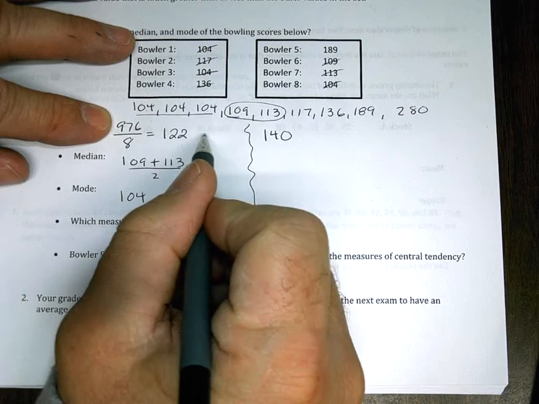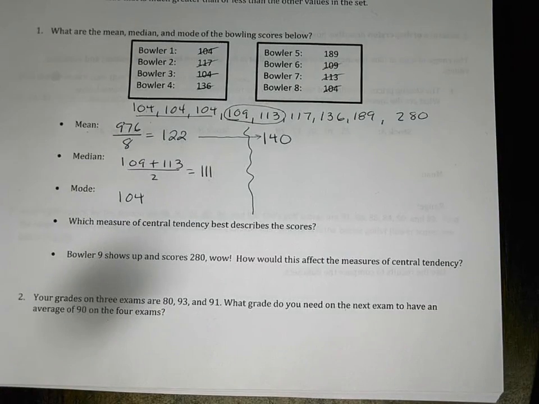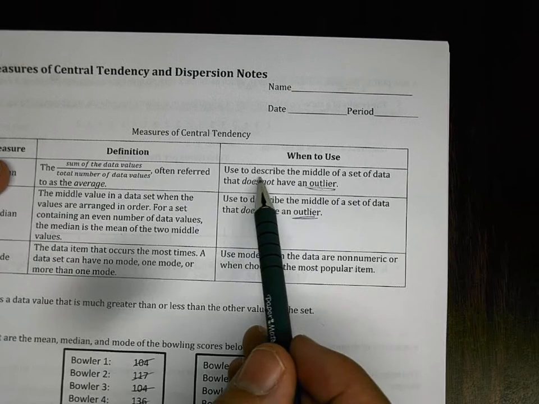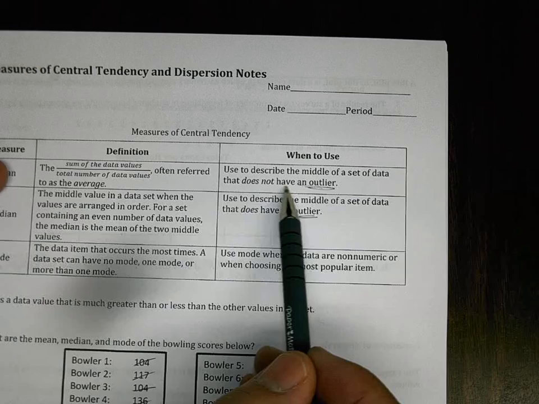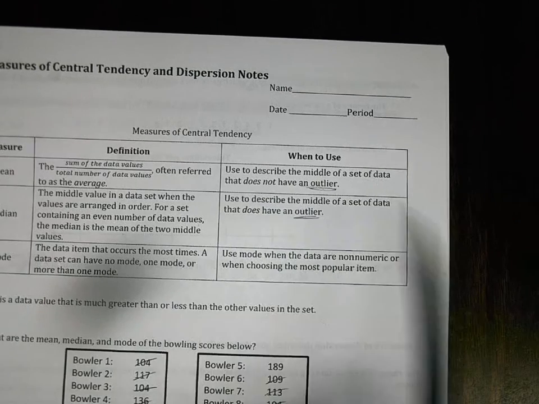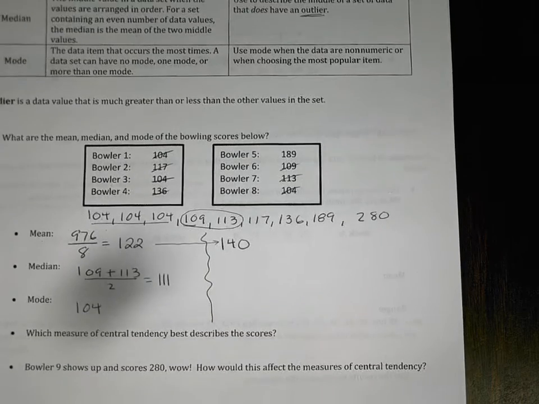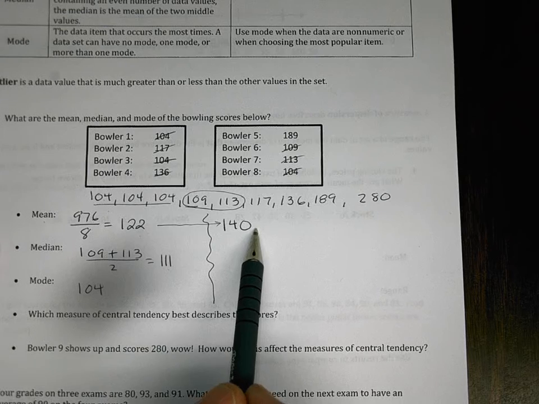So you can see that that outlier really affected the mean, didn't it? And this is why up here it says to use the mean to describe the middle of a set of data that does not have an outlier. So this is why we don't use the mean as much when there are outliers, because you can see how much an outlier affects the mean, right?